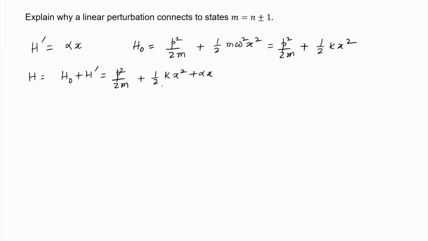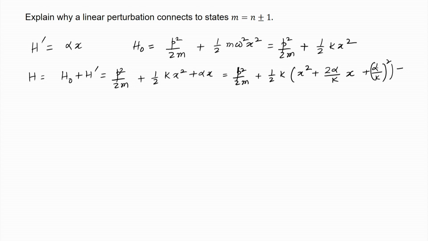I can take p square over 2m plus half k common, and it will be x square plus 2 alpha over k x plus alpha by k whole square. Now I have completed the square, and whatever extra I have taken has to be subtracted back.